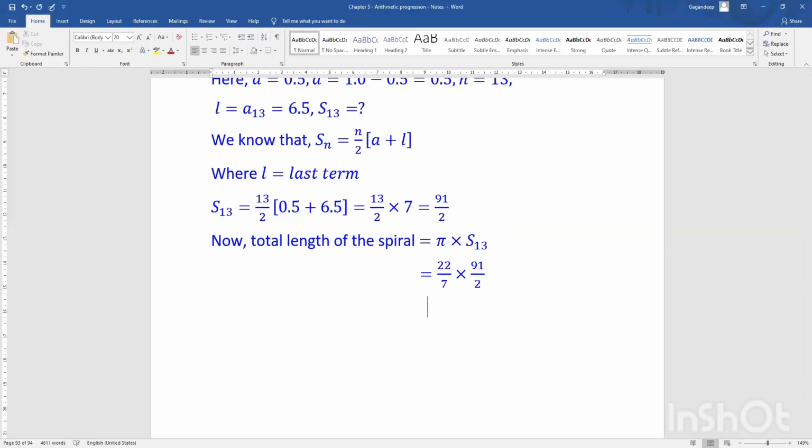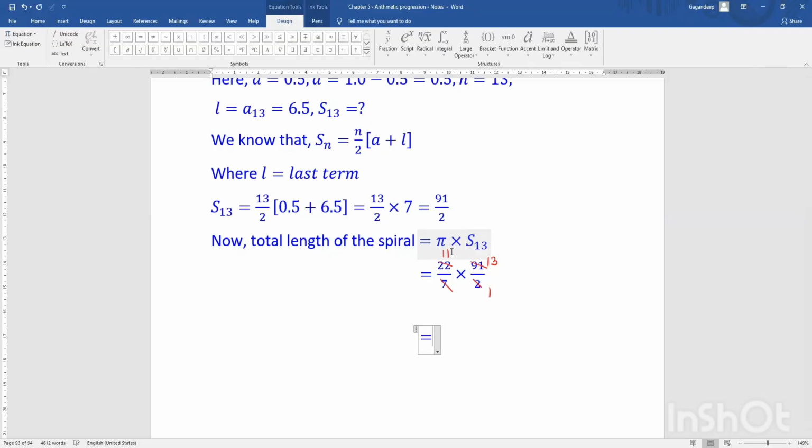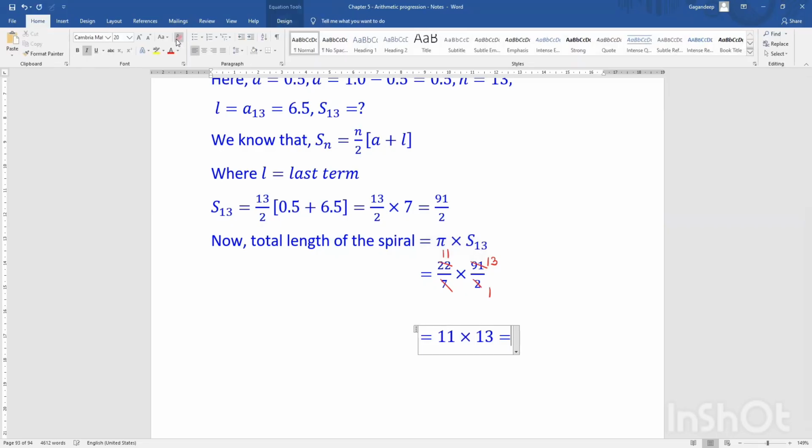So how much is it? 7 ones are 7, 13s are 91, then 2 ones are 2, 11s are 22. So it is equal to 11 into 13, which is 143.